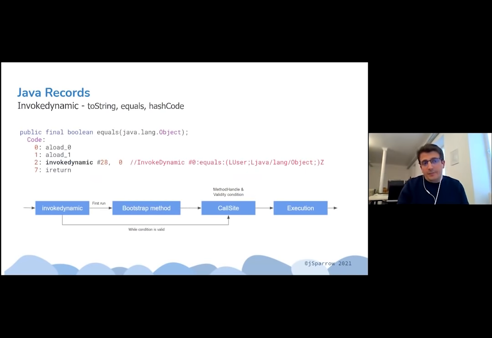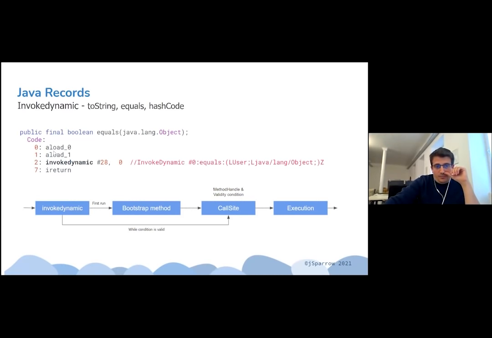And not only that, another interesting feature about records is that the equals, hashCode, and toString methods are implemented in a nice way at the bytecode level. So here we see the implementation at the bytecode level of the record equals method.